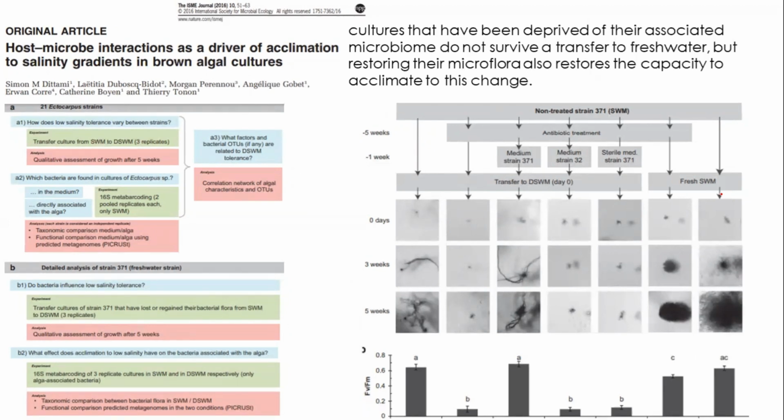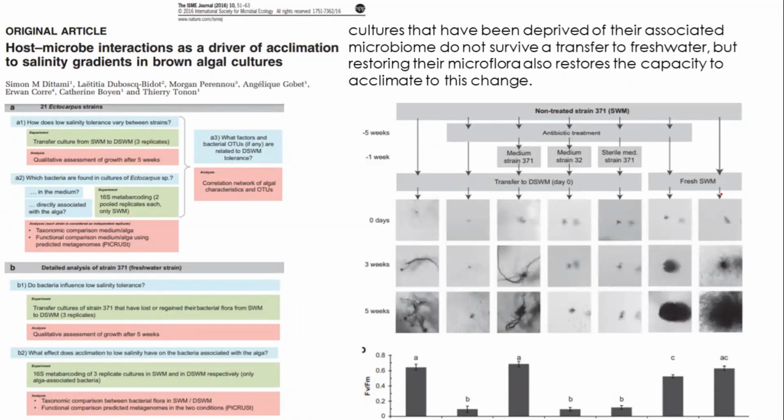There he explained that, and now that he has published several articles regarding this, what is happening is that there are certain bacteria associated with Ectocarpus, which is a brown algae, right? And if that bacteria is associated with the Ectocarpus, then the alga is capable of growing in a freshwater medium.